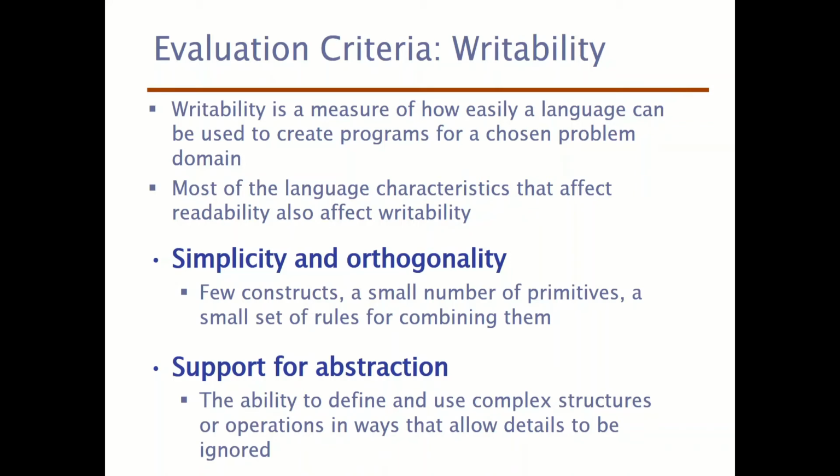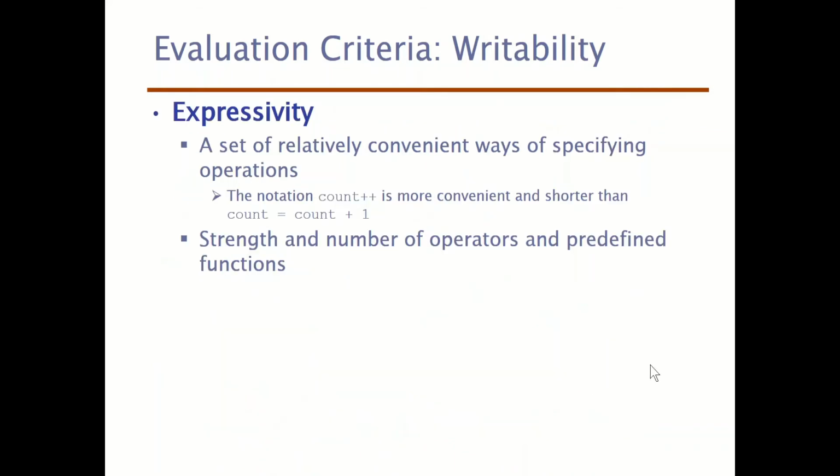So the user will just deal with what they need to know, and won't bother with the details. The more abstraction we have, the higher the writability level will be, or the better the writability level will be.